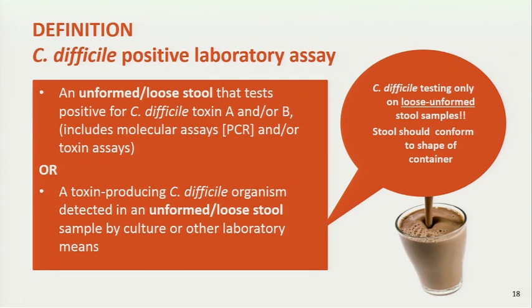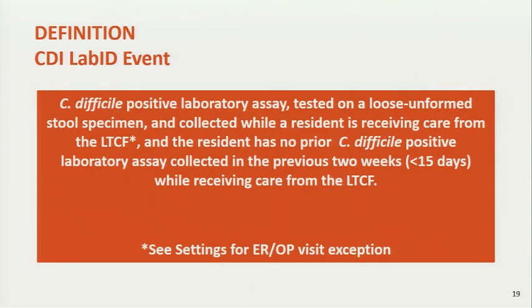Testing methods do vary, but the most important identifier is that toxin positive or that PCR positive test in your facility. And just remember that you should only be performing C. difficile toxin testing on loose stool samples in your facility. Otherwise, you run the risk of capturing colonization or non-infections.